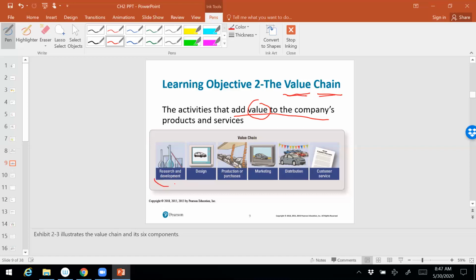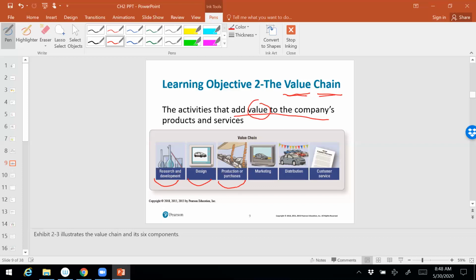Your first thing is the R&D, right? Before you start making things, you have to have some research and then development. Once you do that, you design your car. We still use Toyota as the example. And then either you produce or purchase. You say, Professor, why are there 2 words? Why is it produce or purchase? Remember, produce is only for manufacturing.